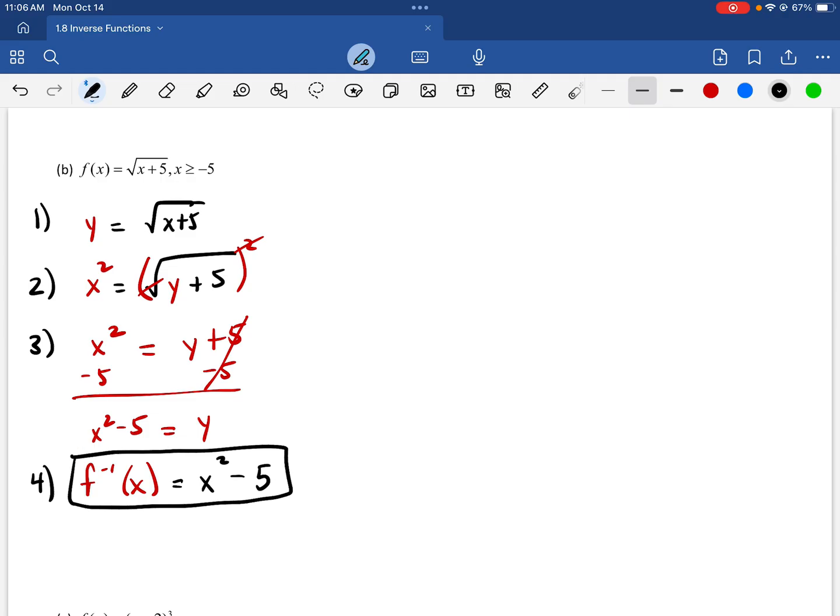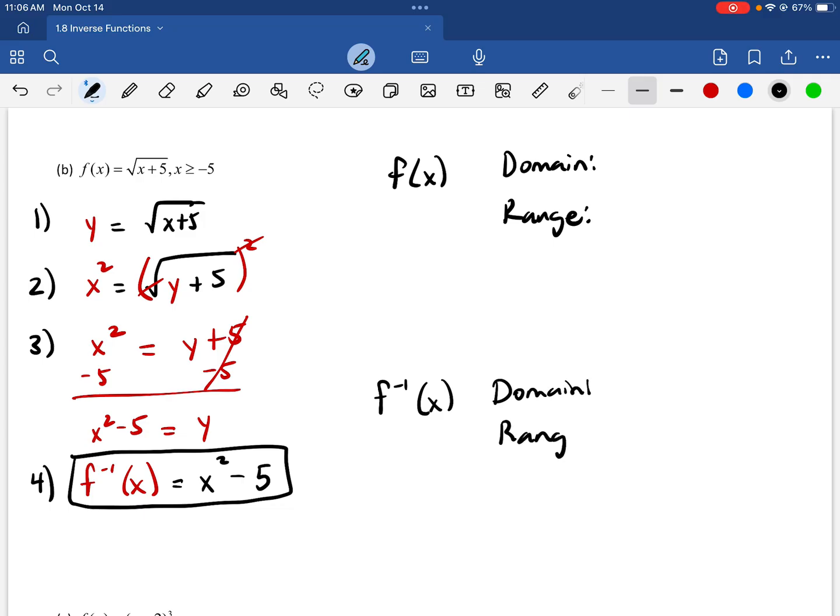Now we need the domain and range of the function itself, and we need the domain and range of the inverse. So looking at the first part there, it tells us right here what the domain is of that regular function.